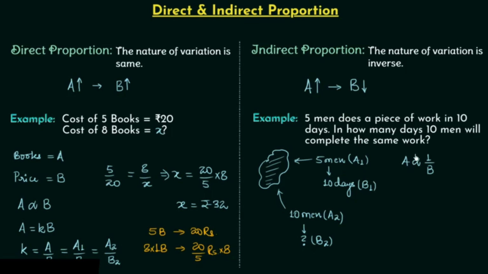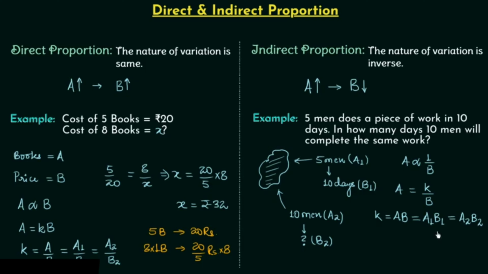Now again we will remove the proportionality sign. We will have equal to and the constant k will be multiplied. From here we can say that constant k is equal to A multiplied by B, and this will remain constant. K will not change for different values of A and B. So it will be equal to A1 multiplied by B1, and it will be equal to A2 multiplied by B2.